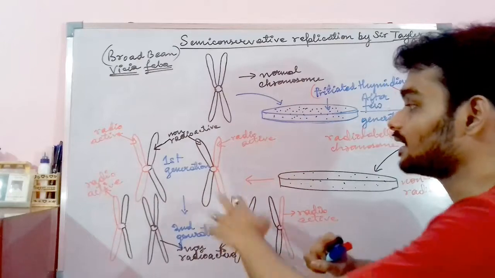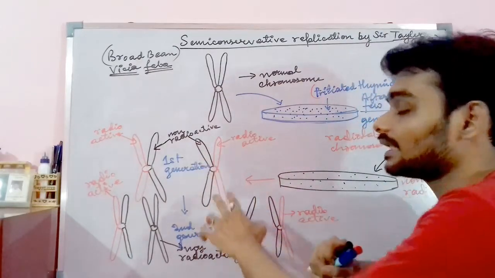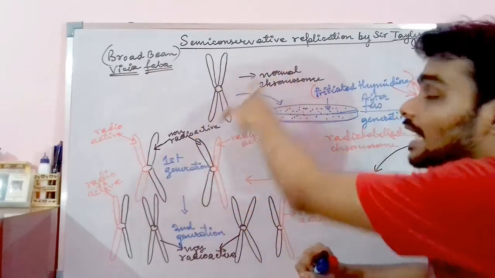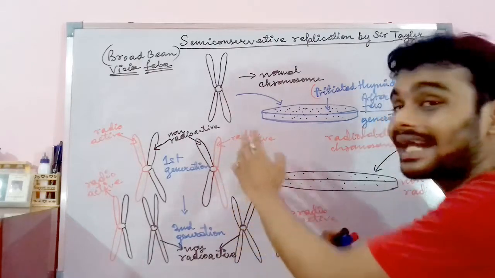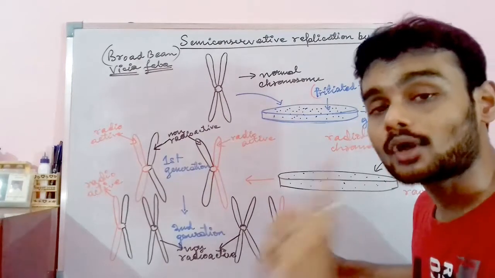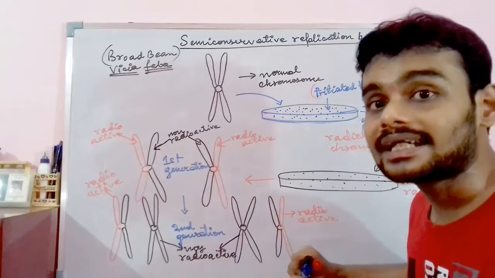Why is this happening? There is a common confusion in this part. He named it the semi-conservative mode of replication. Semi-conservative means one parent arm of the chromosome was carried forward into each of the daughter cells.